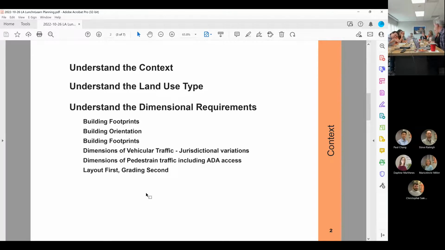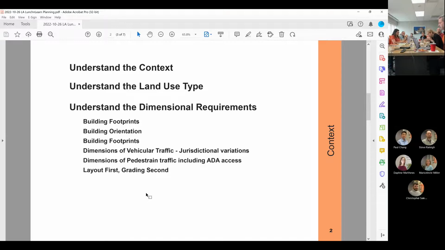The vehicular traffic dimensions are usually greater and more significant in how the actual layout ultimately turns out than the pedestrian traffic. That's why I put the pedestrian traffic, including ADA access, after vehicular traffic. The roads are bigger, the parking lots are bigger. You have to make sure you have room to move those vehicles and trucks around efficiently and practically.